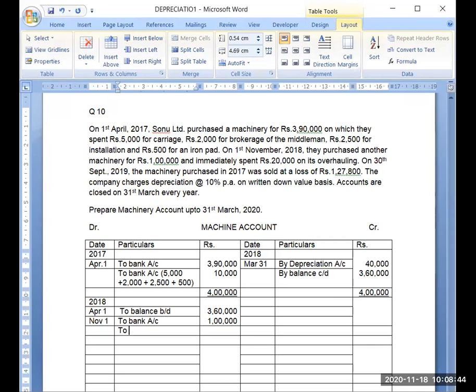So to bank account again. And we have incurred an expenditure of 20,000.